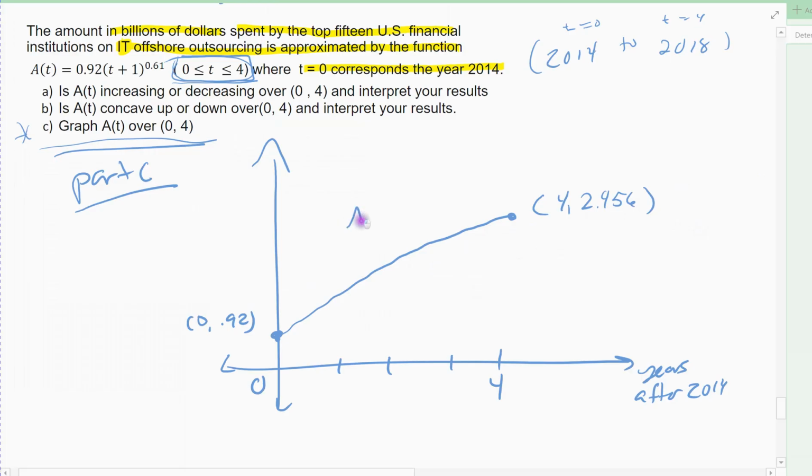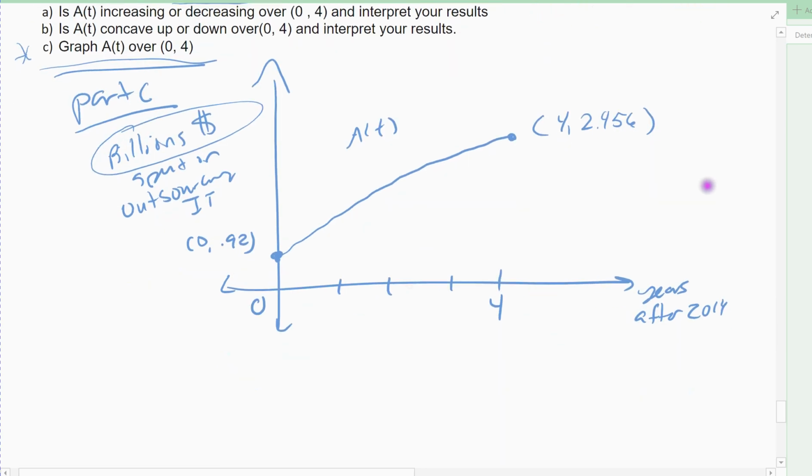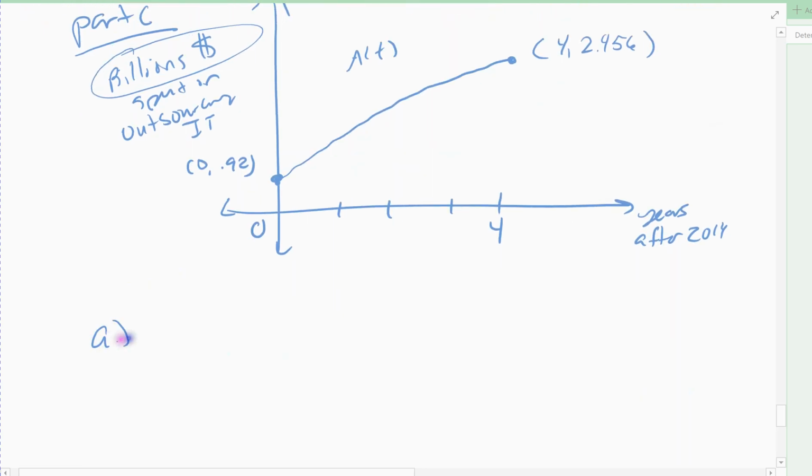Alright, so there's the graph of A of T. This is in billions of dollars spent on outsourcing IT. Make sure, again, the biggest thing is in billions of dollars. Alright, so the first question is A. Is A of T increasing or decreasing? Well, it's increasing from 0 to 4.